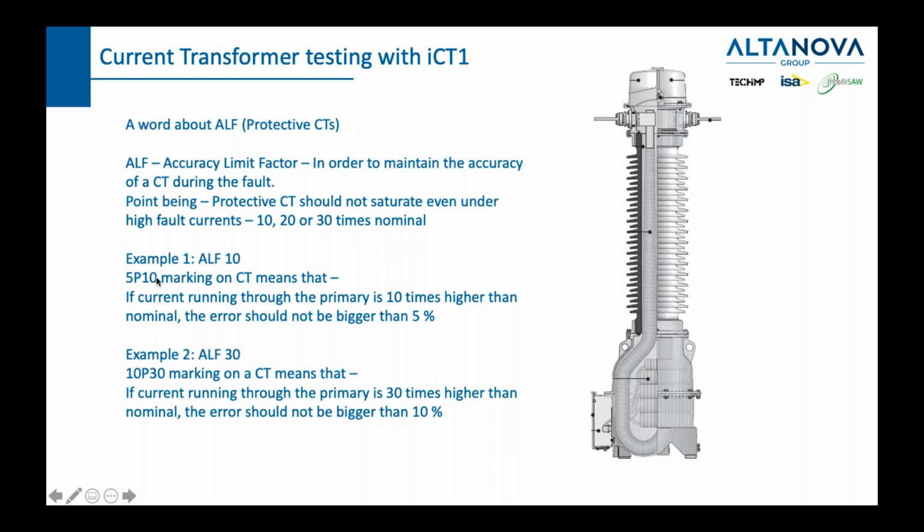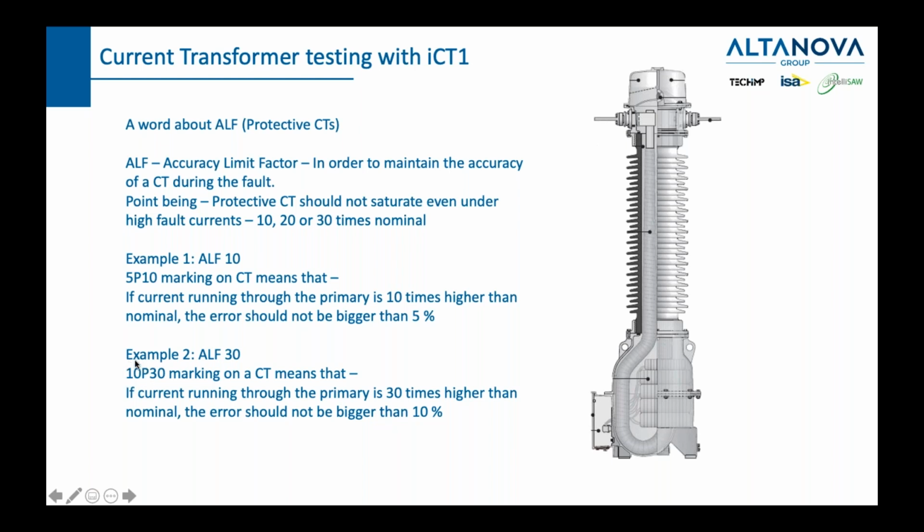It says if your current on the primary side is 10 times bigger than the nominal current, at that point the accuracy cannot be worse than 5%. While in this case, if your current on the primary side is 30 times bigger than the nominal current, then the error cannot be more than 10%.